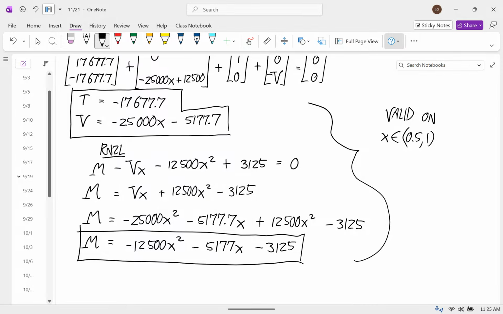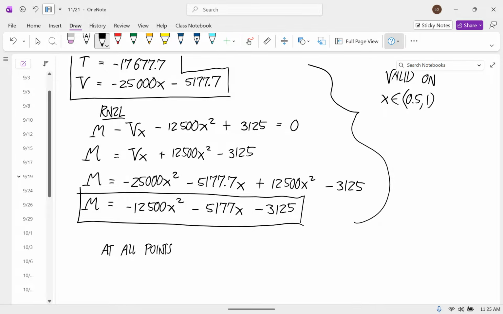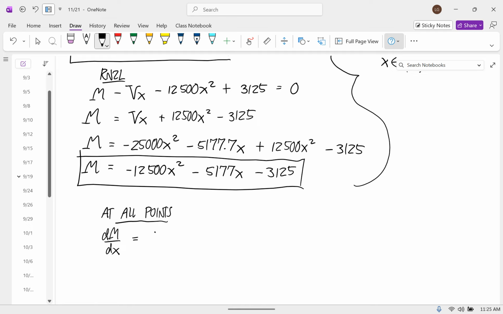Let's do the derivative checks now. So at all points, dM/dx has to be equal to V, and negative dV/dx has to be equal to q, the distributed load function.